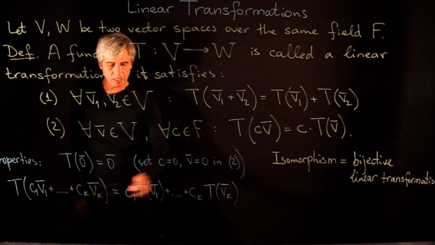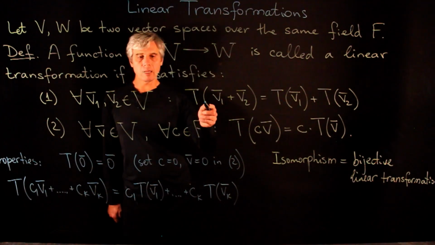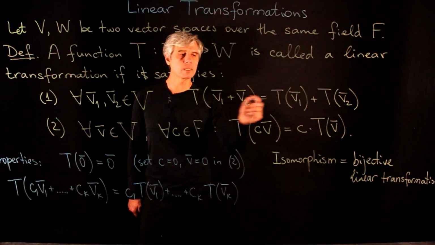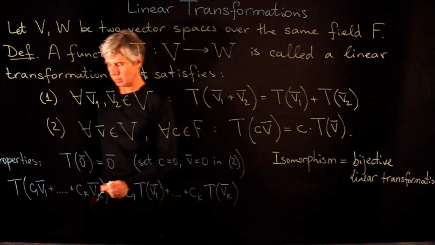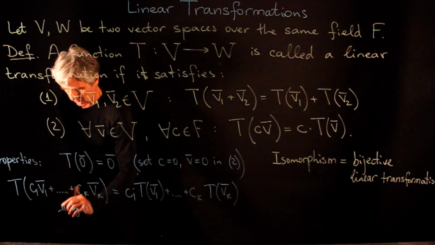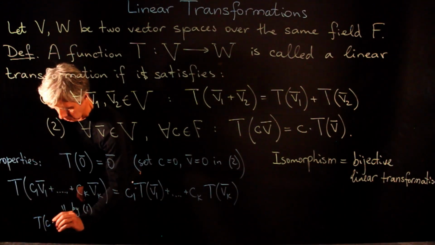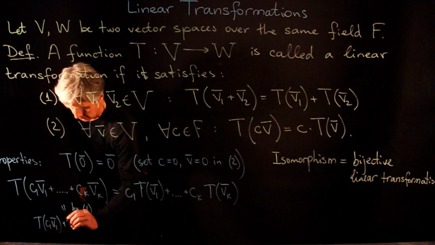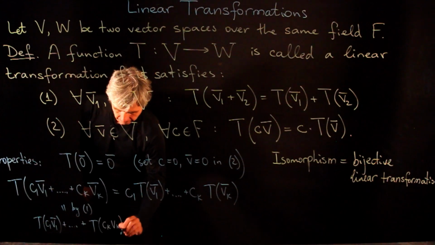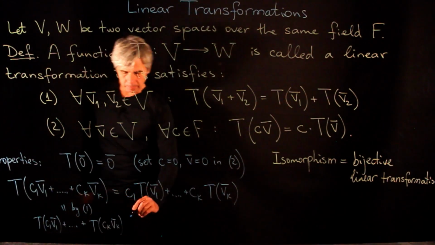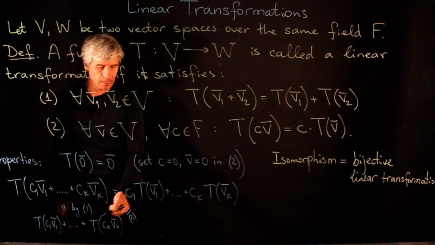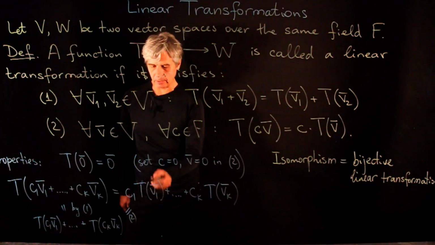And we can derive this by applying first kind of compatibility of our linear transformation with addition, right? So by property 1, this is equal to T of C1 V1 plus dot dot dot T of CK VK. And then by property 2, we can pull the scalars out of each T, right?